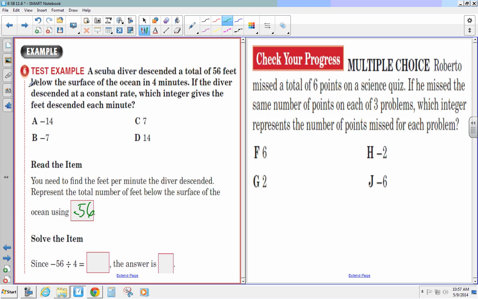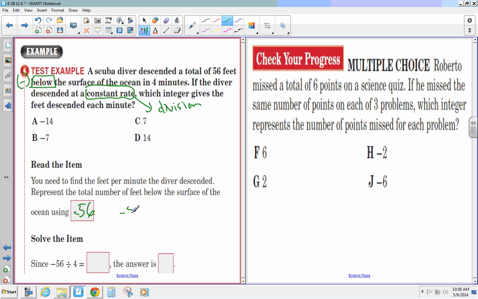It is below the surface, therefore it is a negative number. And you're doing this every minute. So to find a constant rate, it's a division problem.